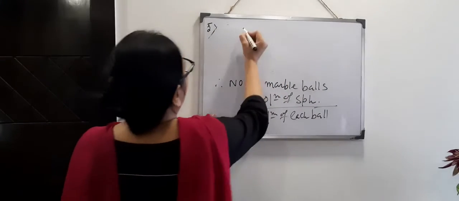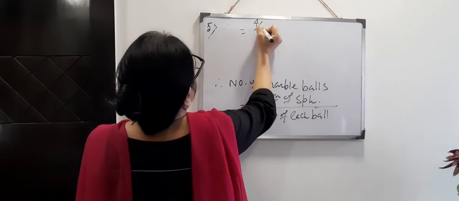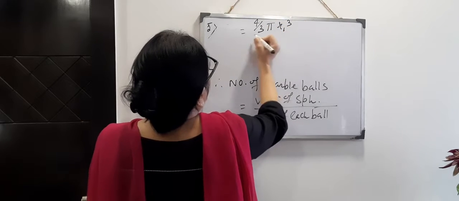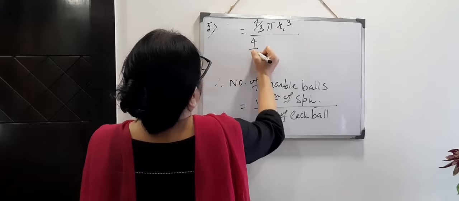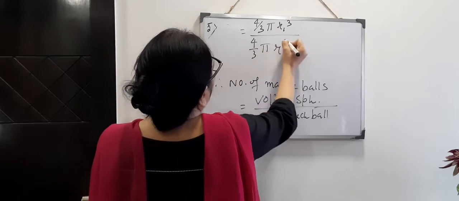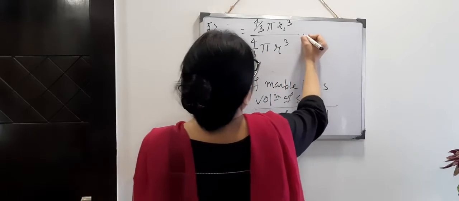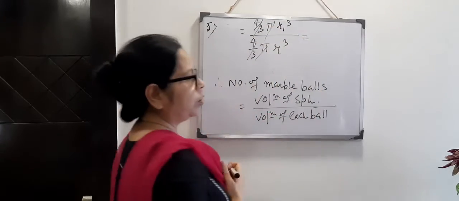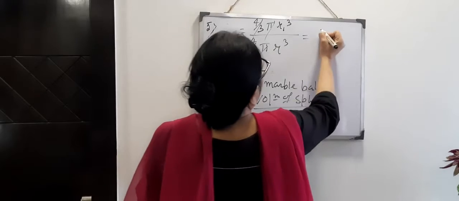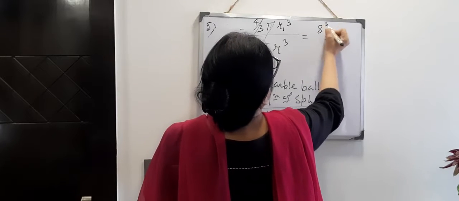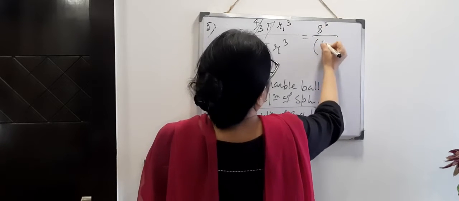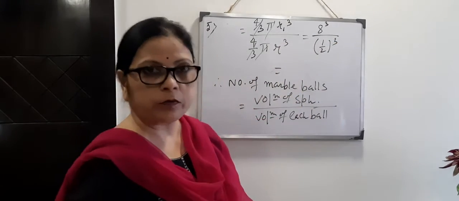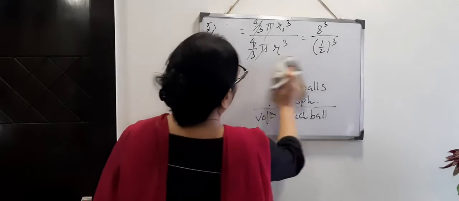So formula is 4 by 3 pi R1 cube and 4 by 3 pi r cube. Different radius. Now 4 by 3, pi cancel. R1 was 8, yes, 8 cube, and this is half cube. As it is number of spheres, so there will be no unit.